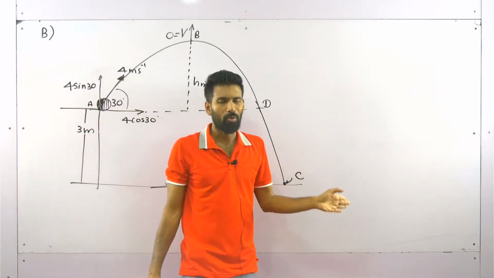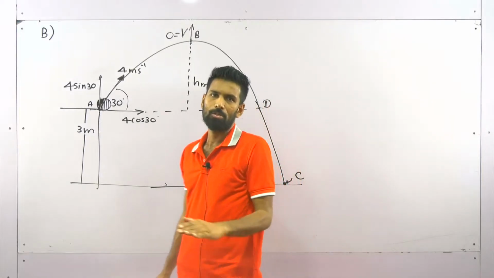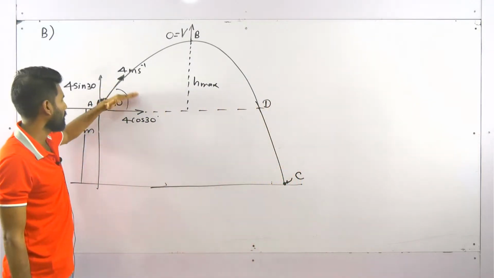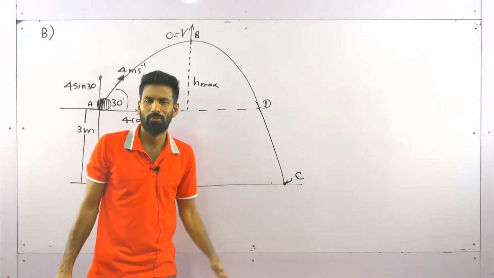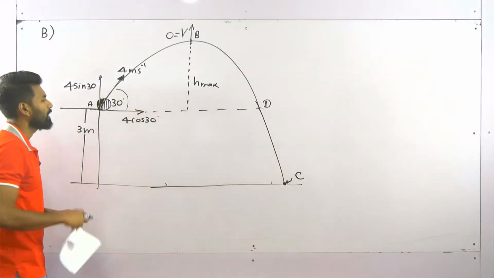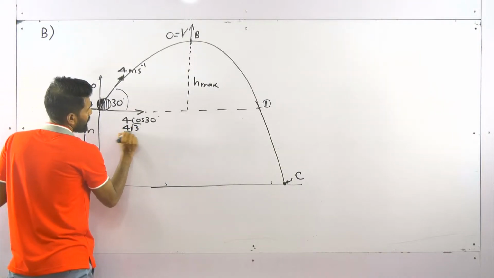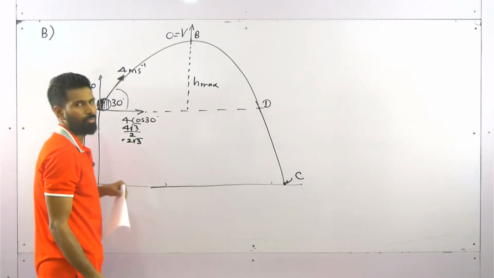The other point is that the acceleration of gravity is vertical, so it will not affect the horizontal. So the initial horizontal velocity component will not change. The initial component is 4 cos 30, which is 4 root 3 over 2, that means 2 root 3. It won't change. Why?